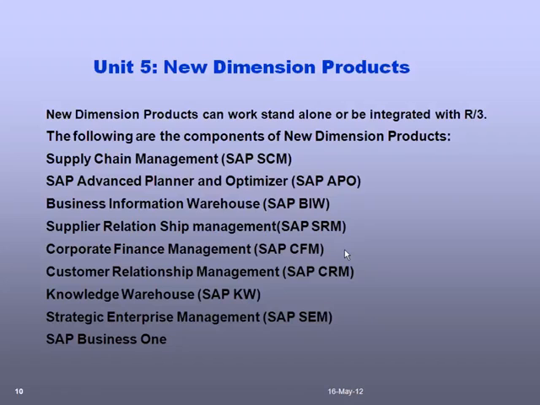To start with, supply chain management, SAP's APO, Advanced Planner and Optimizer, which is part of SCM, and also Business Information Warehouse, or simply BW, Business Warehouse, Supplier Relationship Management, Corporate Finance Management, Customer Relationship Management, Knowledge Warehouse, Strategic Enterprise Management, Business One, something called FSCM, Financial Supply Chain Management, Treasury Management, Transportation Management. All these are new dimensional products.